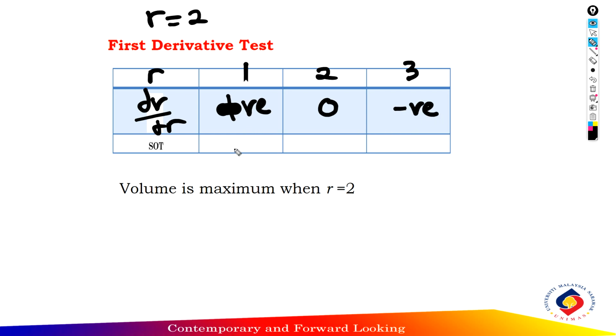So the shape of tangent increases, horizontal, then decreases. So the relative maximum exists when the radius equals 2 centimeters.